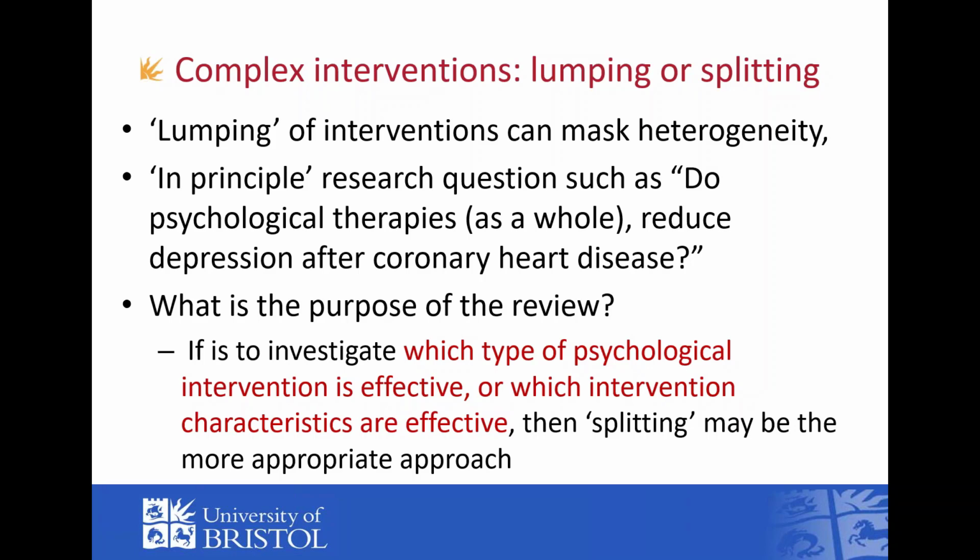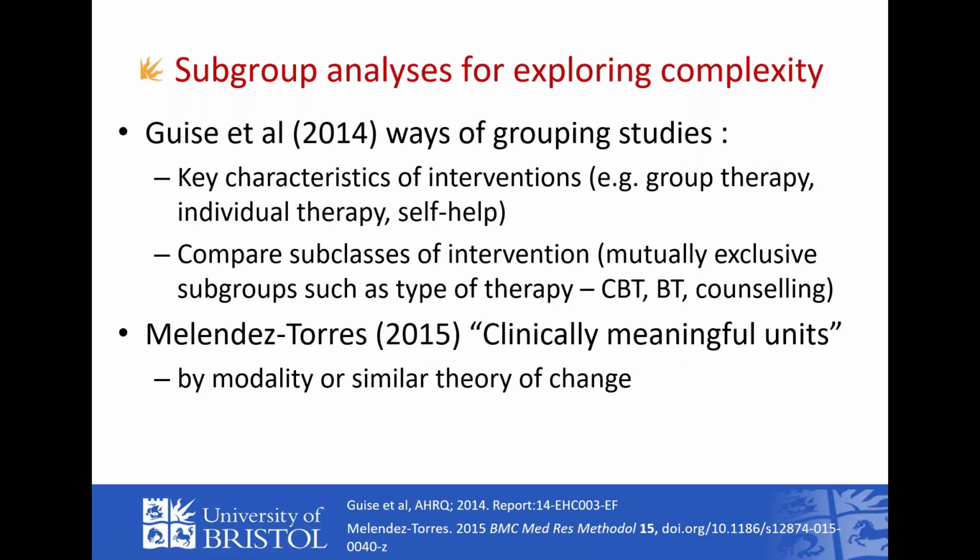From a decision-making perspective, whether that's a governmental body, a health service, or an individual clinician, it's more helpful to be able to offer a specific psychological intervention and not a hypothetical or an average intervention. In a pairwise framework, as I'm sure everybody already knows, we can investigate that splitting question using subgroup analyses or even meta-regression.